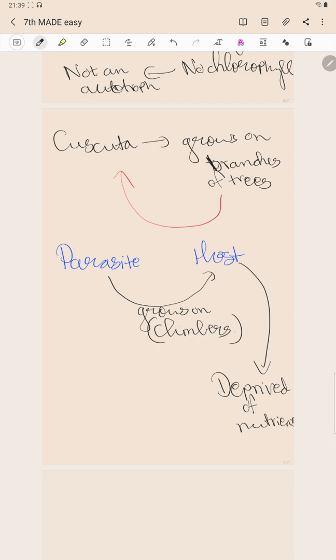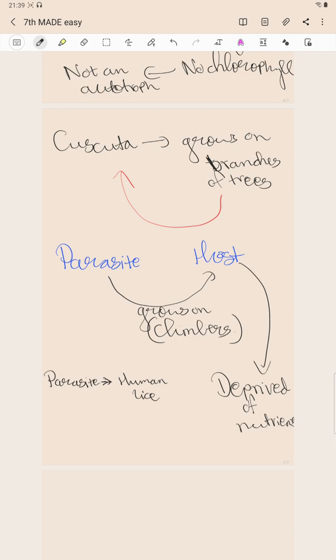Another example of a parasite which grows on humans is the human louse, which grows on your hair. It's not present in everyone, only in some people. But this thing feeds off the blood from your scalp, from your head.